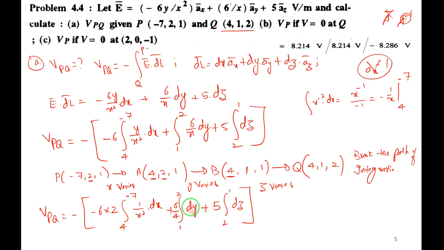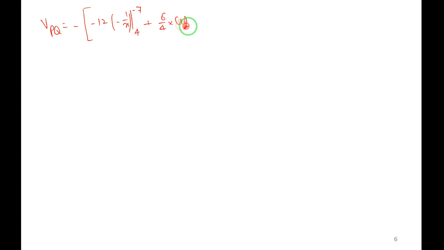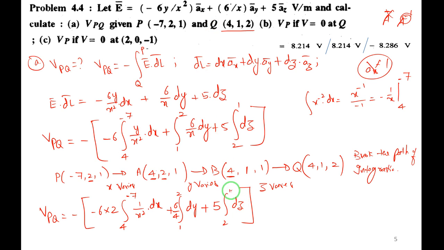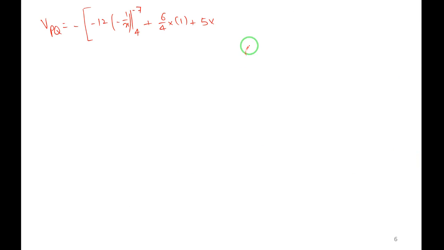Upper limit is 2 minus 1, I am getting 1. The next 5 into integration of upper limit minus lower limit, 1 minus 2, so I am getting minus 1 here.